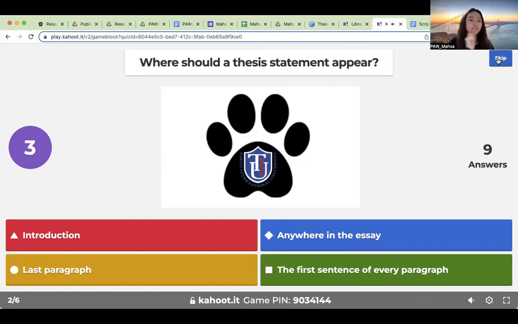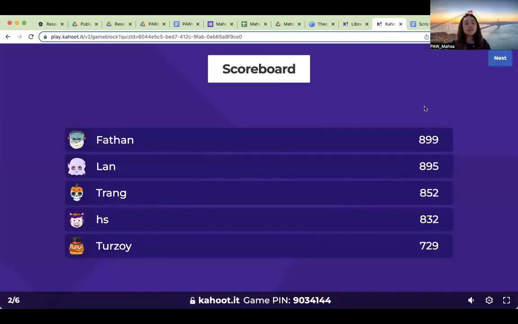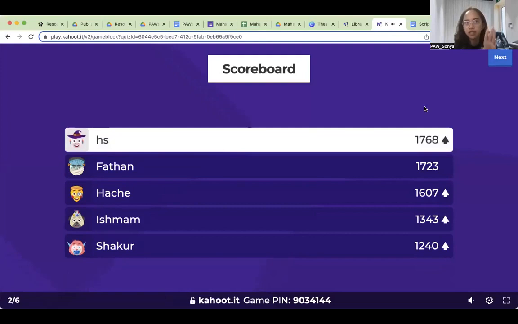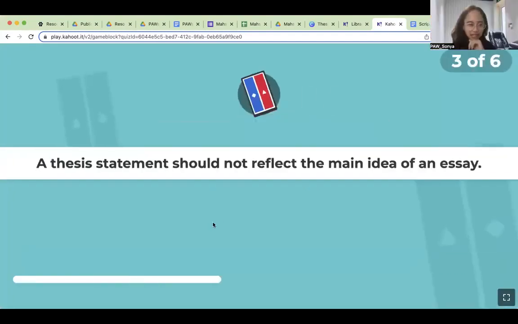It's a good thing to have that, maybe. That's not bad. So 6 of these correct. The thesis statement should appear in your introductory paragraph, at the last sentence of your introductory paragraph. That's correct. Okay, good job.